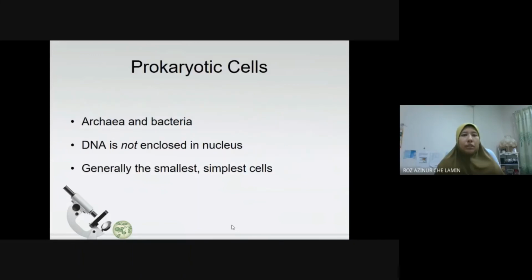Now we move to the prokaryotic cells. Archaea and bacteria are types of prokaryotic cell, in which DNA is not enclosed in a nucleus. It is generally the smallest and simplest cell.